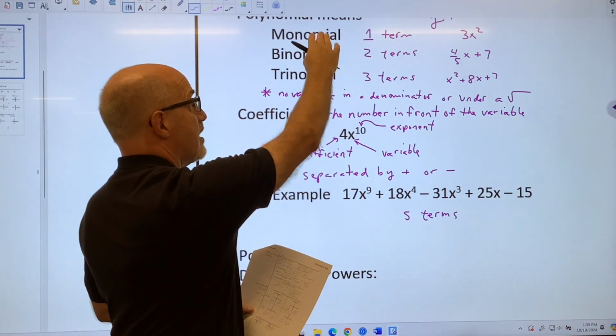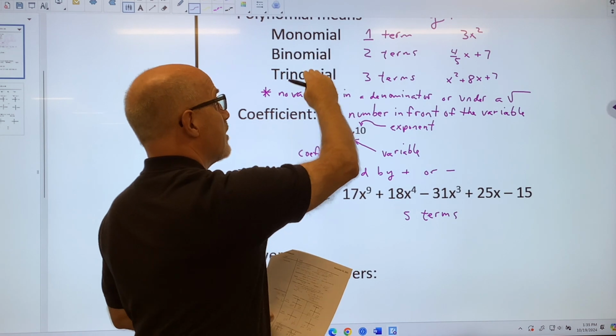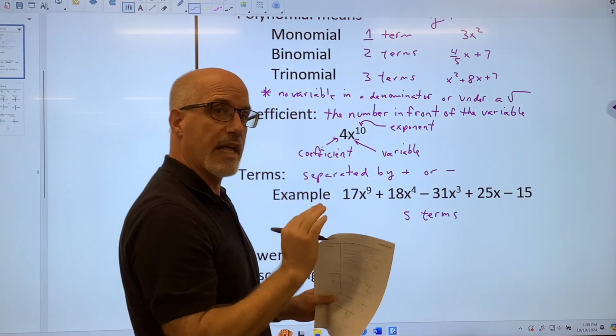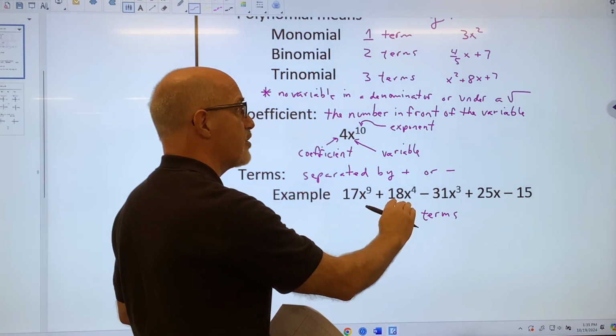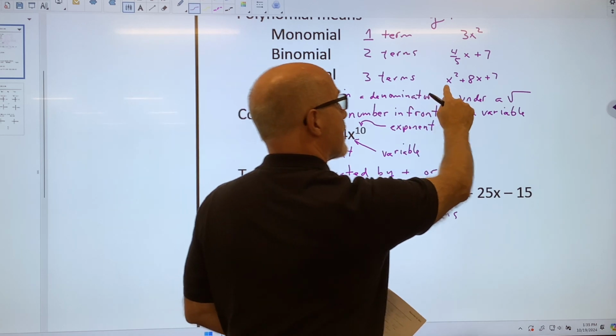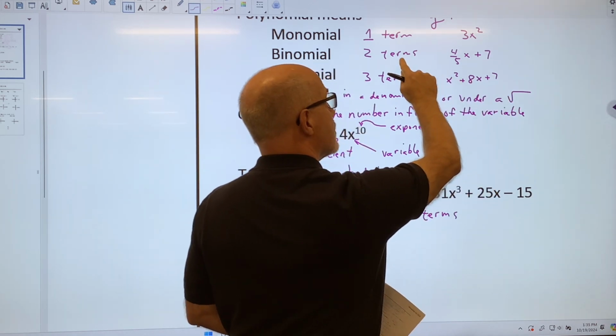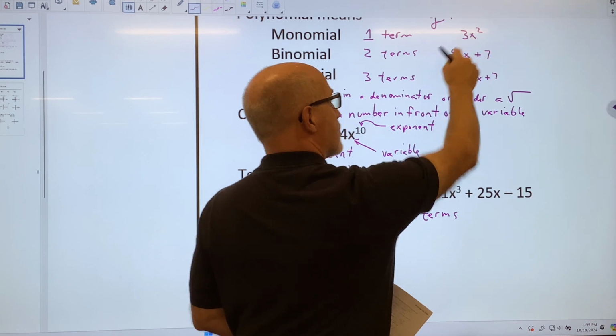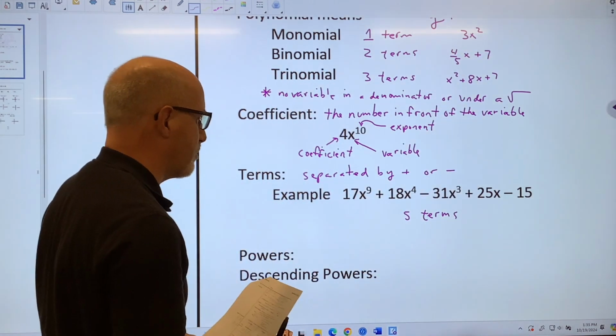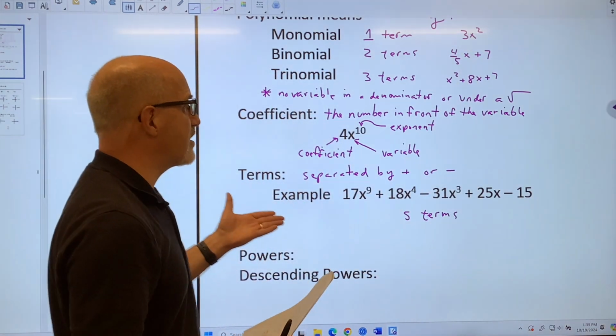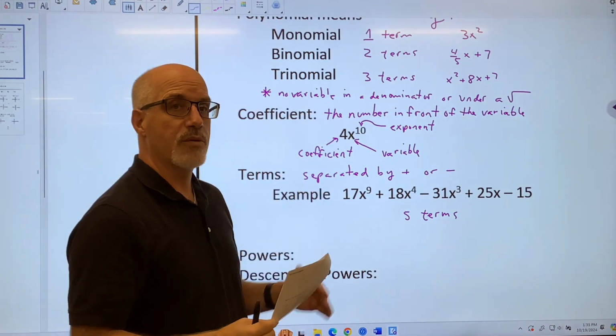Back to these here, monomial, binomial, trinomial, those were classifications by the number of terms. We have 1, 2, 3 terms, 2 terms here, and just 1 term there because there's no pluses or minuses. So we can classify according to how many terms there are.